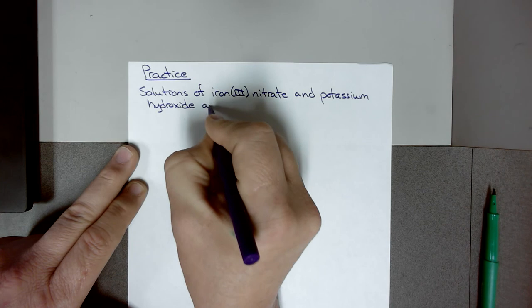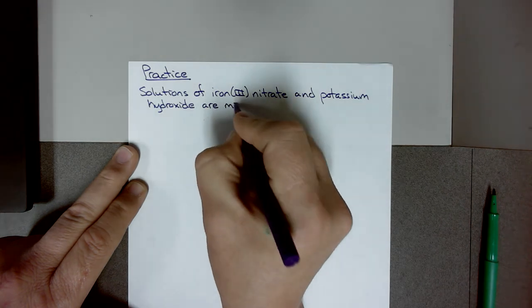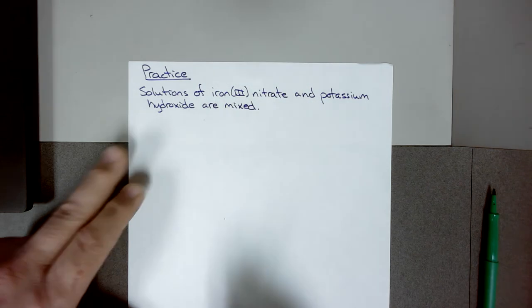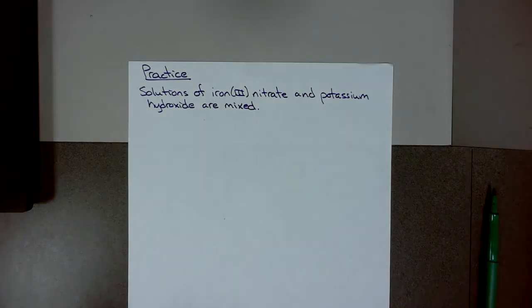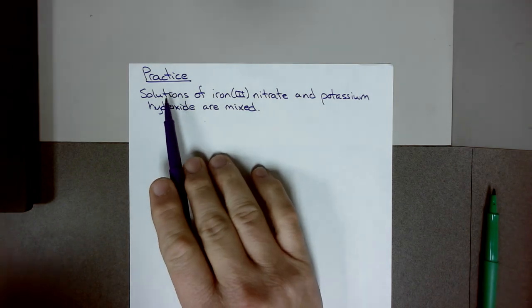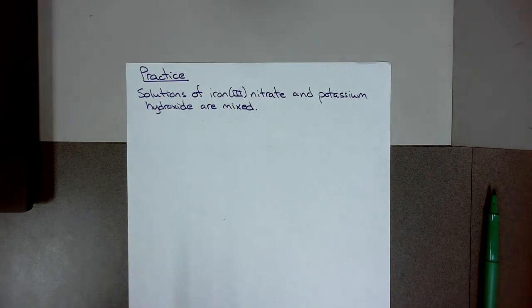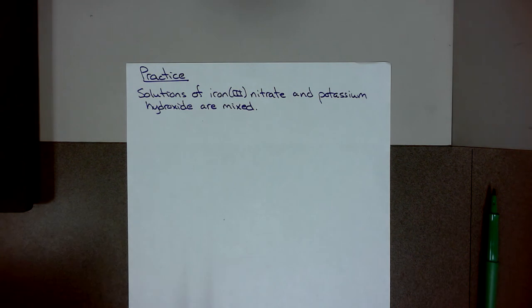So when I have these solutions of these ions, they get mixed and a reaction occurs. The first thing we have to understand is that anytime I see problems that say solutions, and I know I have 2 ionic compounds, it's going to be a double replacement, and in this case specifically a precipitation reaction.